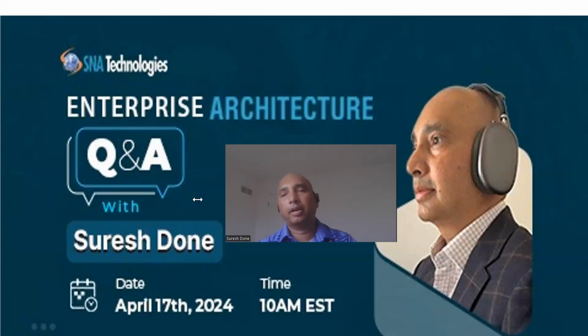And of course, aligning IT to the business: whether your IT is helping you to achieve those business goals and objectives or not. That's the main purpose of the EA.